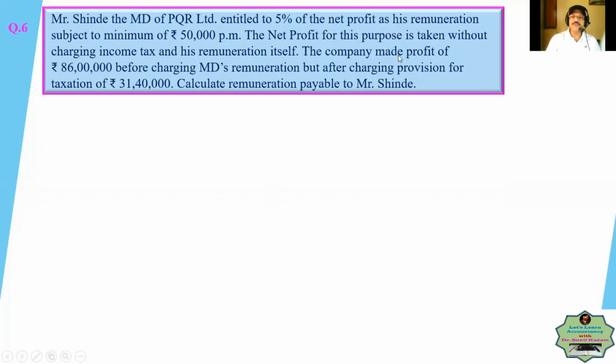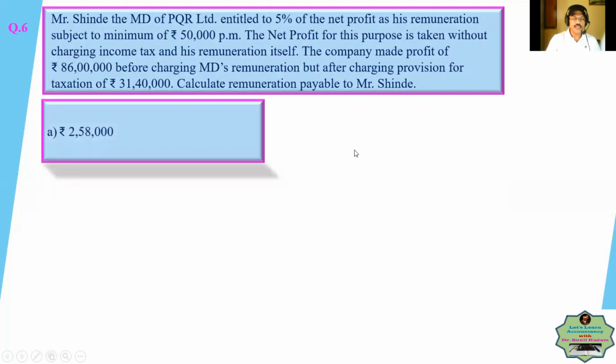The company made a profit of rupees 86 lakh before charging MD's remuneration, but after charging provision for taxation of rupees 31,40,000. Calculate the remuneration payable to Mr. Shinde. That's good, but let us check the options first.